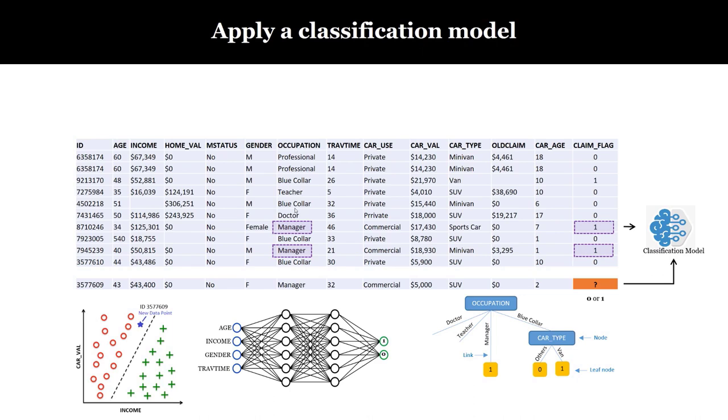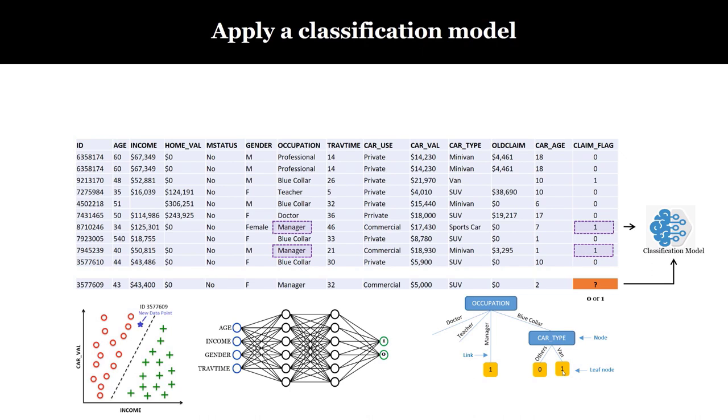In case of manager, 100% of our cases lead to previous accidents. Blue collar, not necessarily. But if you look at blue collars, and then you go on car types, whenever the car is a van, they always have previous accidents. Not like other types of cars. So this kind of pattern will help me to jump straight into a decision, right?